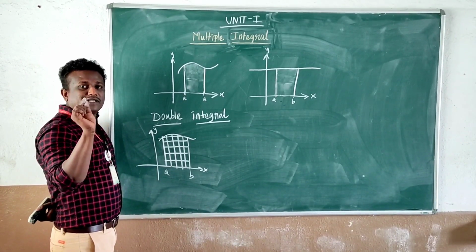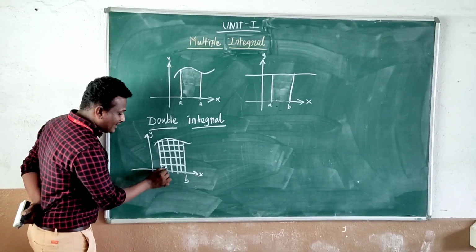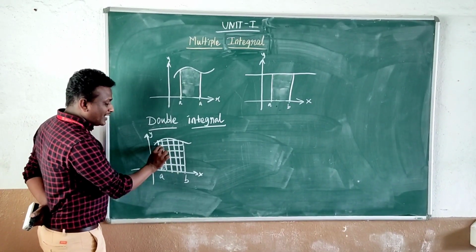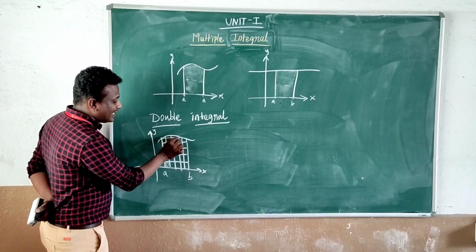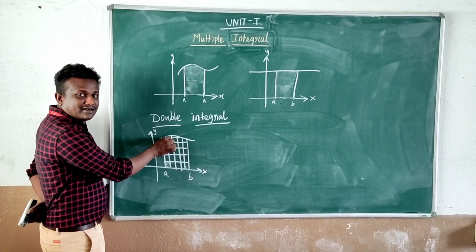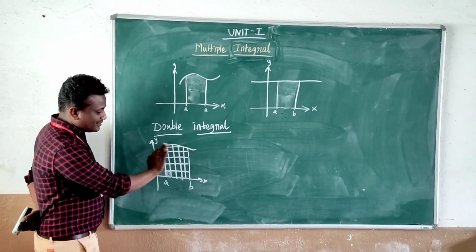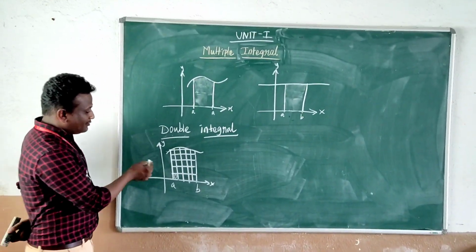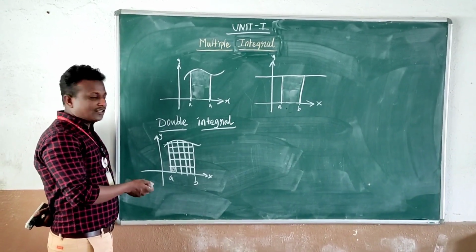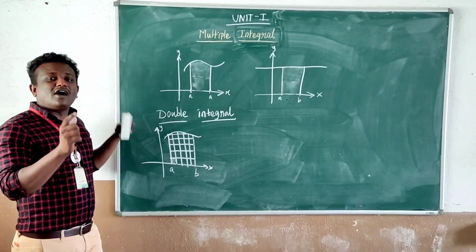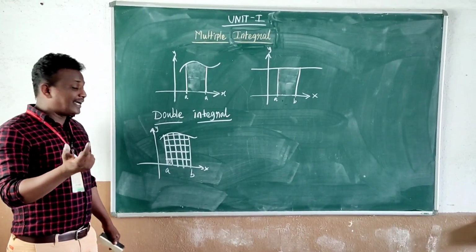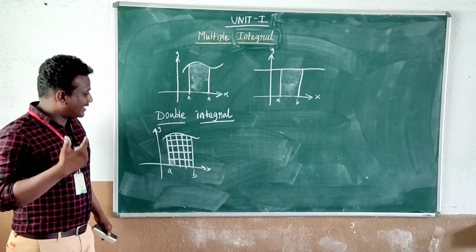If you know the area for one particular particle, that can be multiplied by the number of other particles. You need to calculate only these three objects by using the single integral concept. So for this purpose we are studying double integral. When you apply double integral to find the area of an unshaped region, you can get a more accurate answer in a short time.